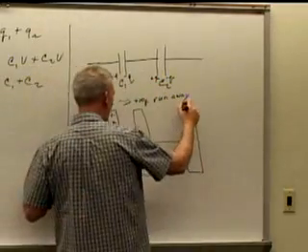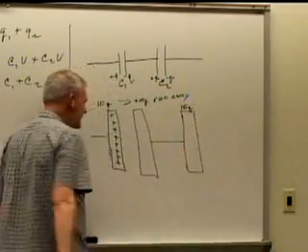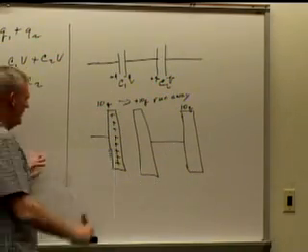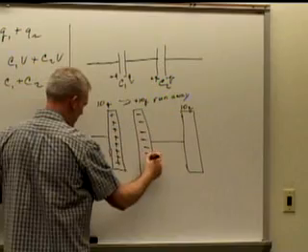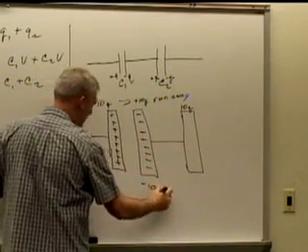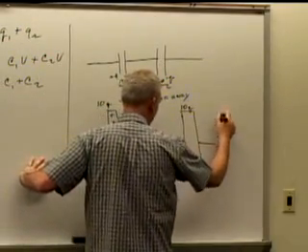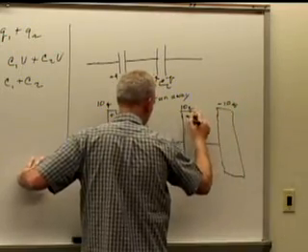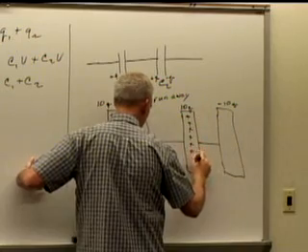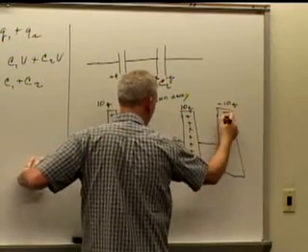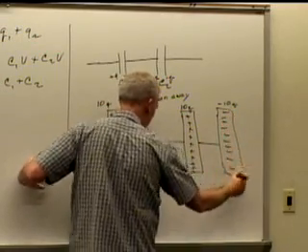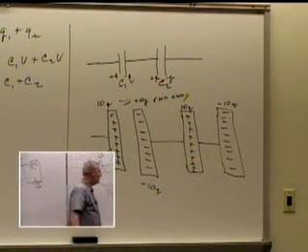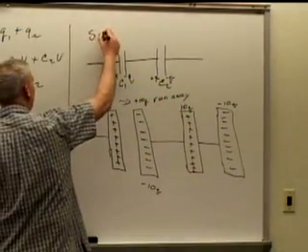So those 10Q come over here. And so that's why the charge is exactly the same. Ten: 1, 2, 3, 4, 5, 6, 7, 8, 9, 10. There we go. So this is when your capacitors are in series.